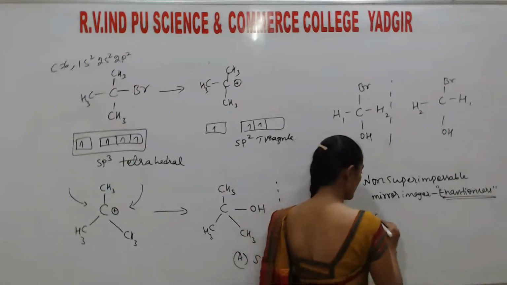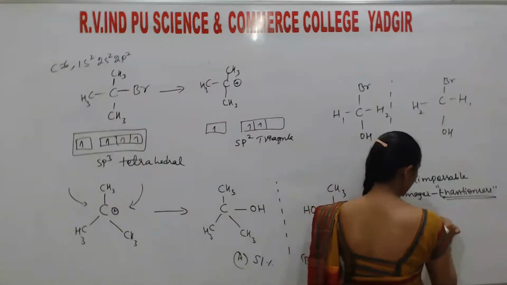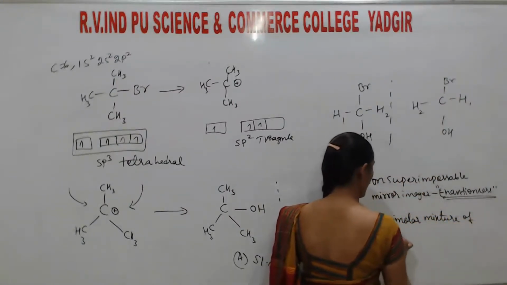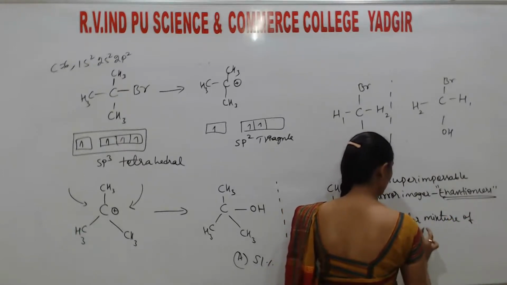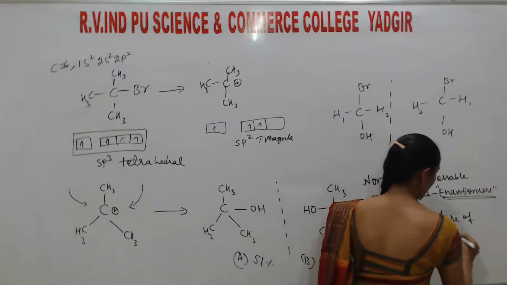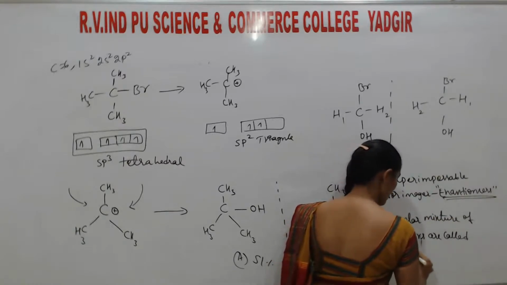Understood? It is an equimolar mixture of enantiomers, called a racemic mixture.